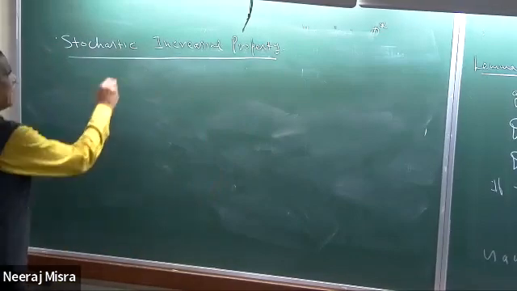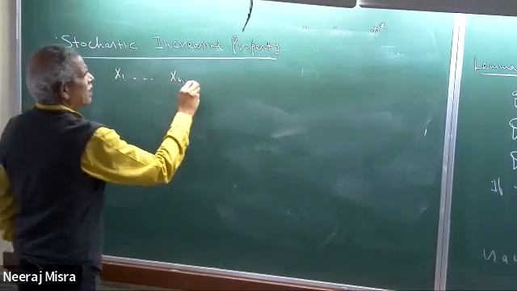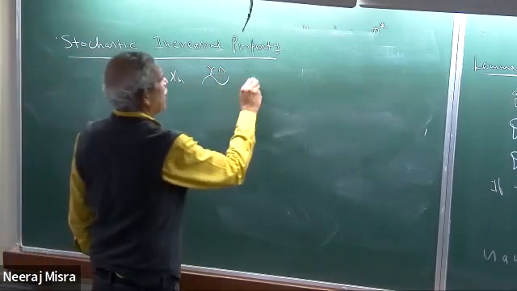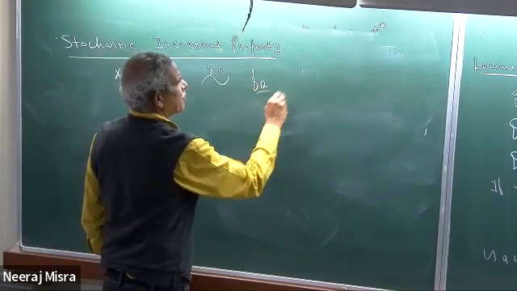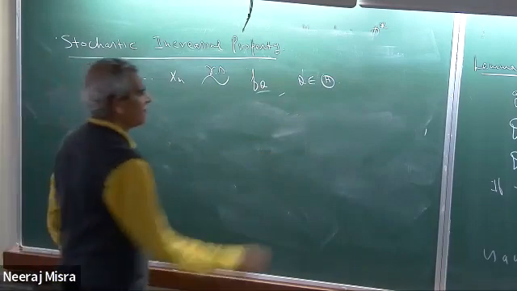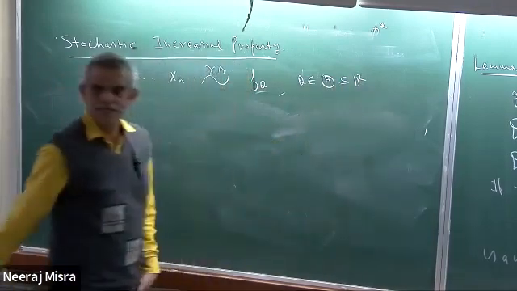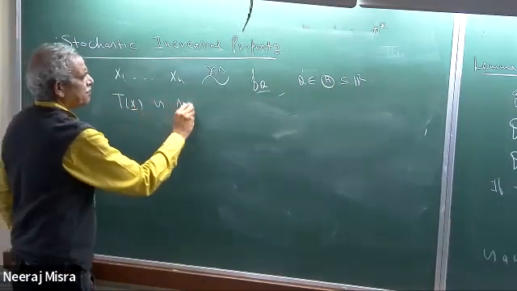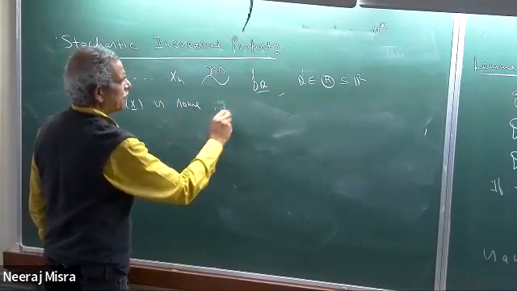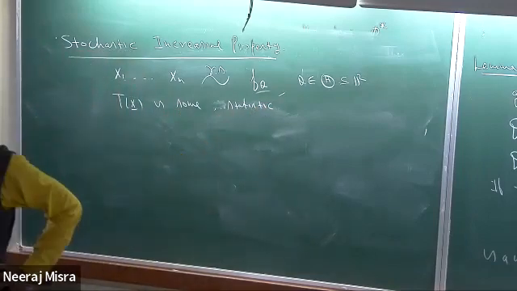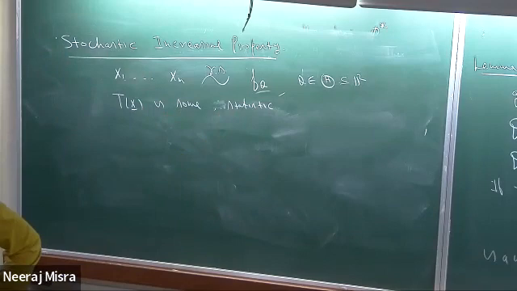Suppose I have a random sample X1, X2, ..., Xn. These are a random sample, RS, from some PDF or PMF f theta, where theta takes values in some parameter space capital Theta, which is a subset of R. T(X) is some statistic. T(X) was the sample mean in the example I just quoted.